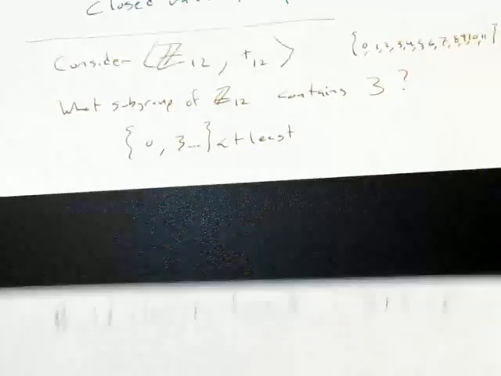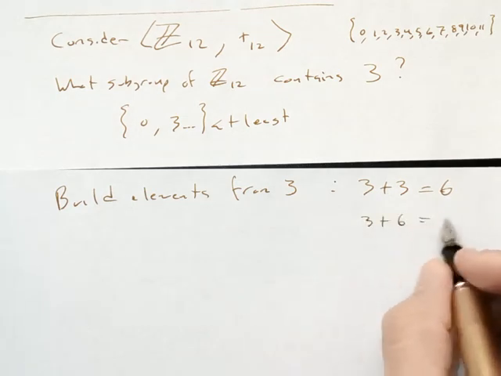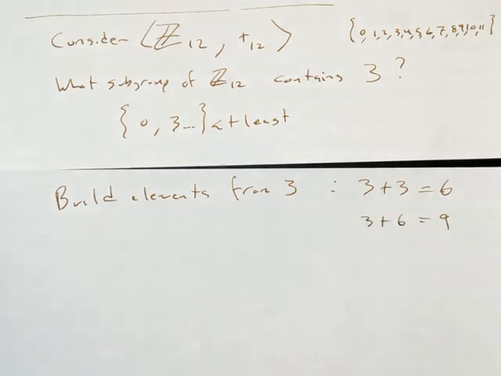Keep going. What else do I have to have? Now I have 6. I better have. Well, now I have 0, 3, 6. What else do I have to have? 12 is 0.